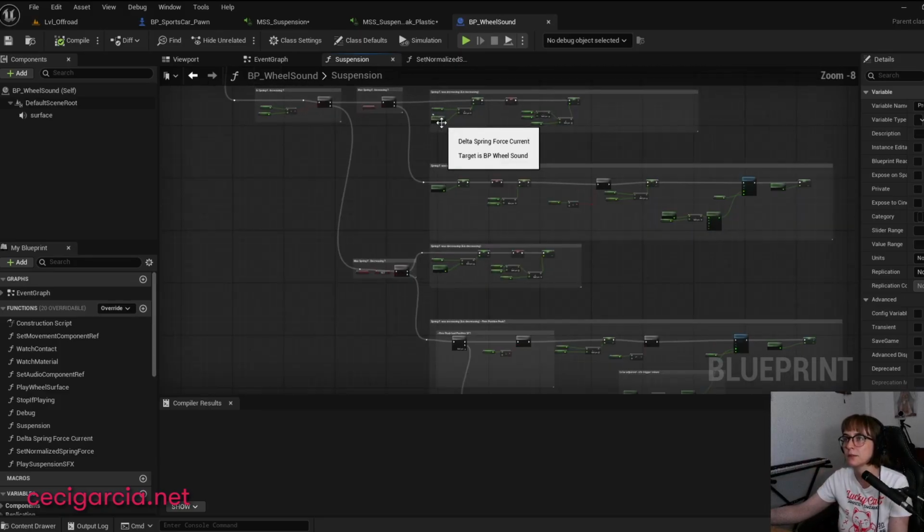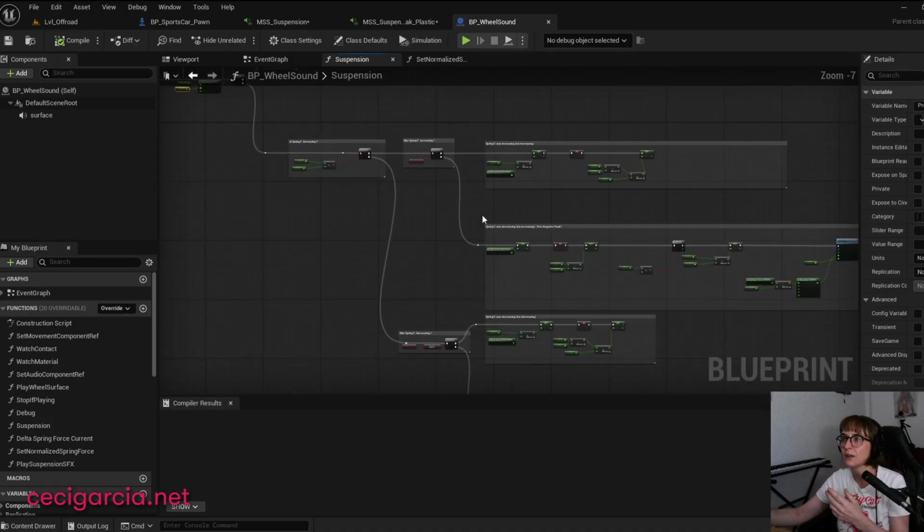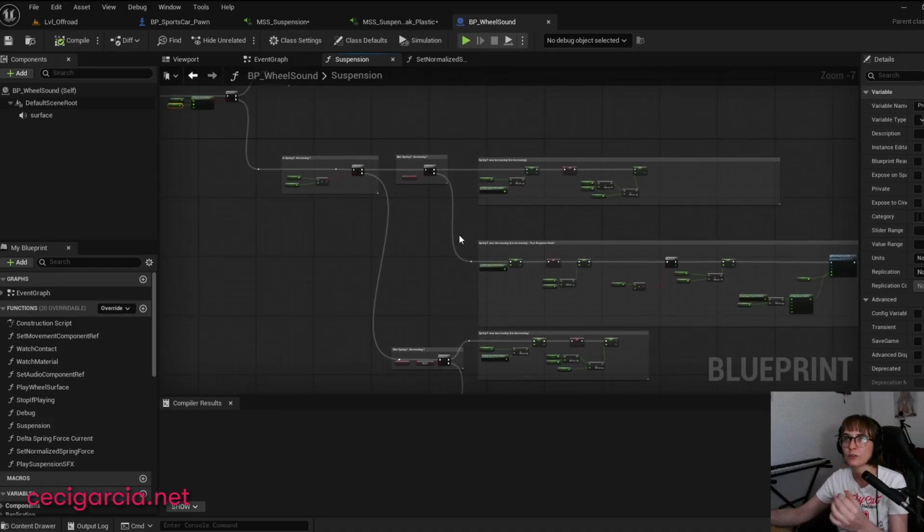It's that the spring force is increasing and also was increasing. If it was decreasing and now it's increasing, that's a negative peak.